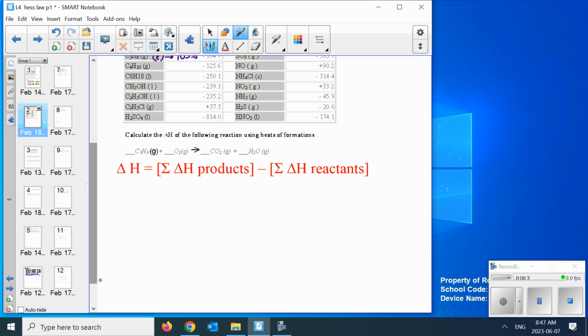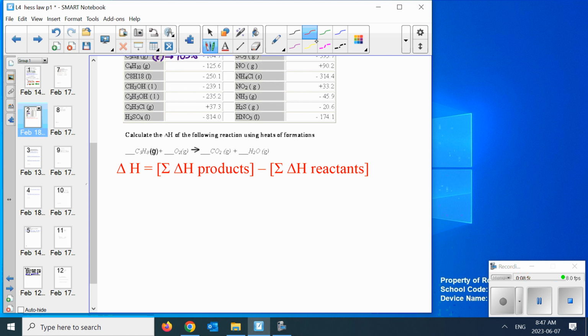So let's try this out. Okay, C3H8. I may be erasing, but I'll pretend I don't have the answer. So, I'm thinking 3 carbons on the left. I might need 3 CO2s.